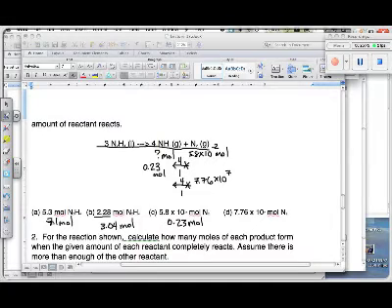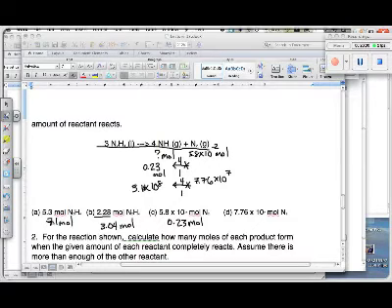All right, so 7.76 times 10 to the 7th, times 4. And I get 3.10 times 10 to the 8th is what I got for D. And I can take it out, 3.10 times 10 to the 8th.